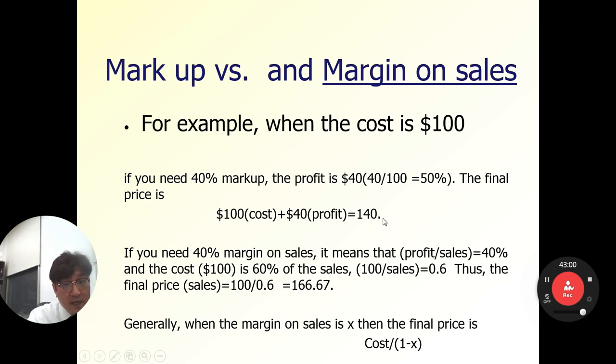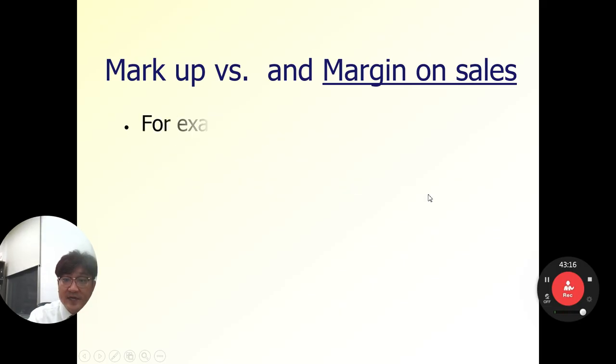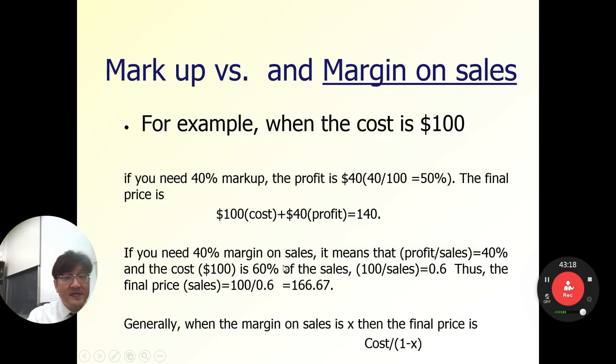But the margin on sales is a little bit different. If you need a 40% margin on sales, it means profit over selling price, the 40% of the final price, not the cost.